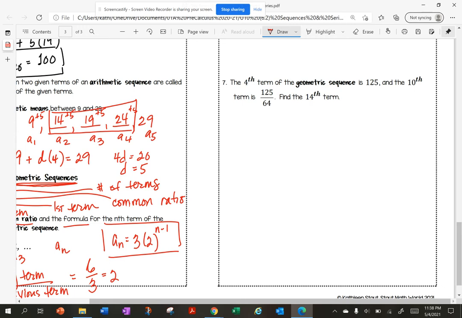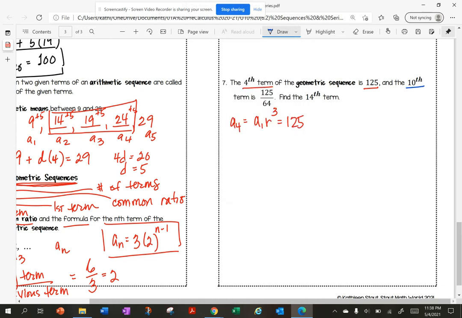So I'm going to start with my 4th term, which is my first term, I don't know it, times my common ratio raised to the 4 minus 1, so that's the 3rd power, and I know this term is 125. So the 4th term is 125.